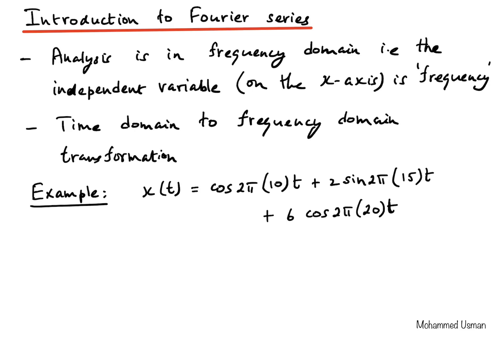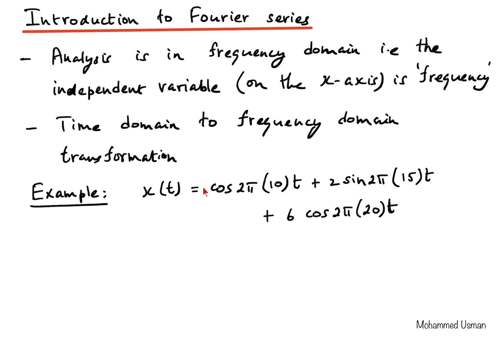For a start, we will be restricting our analysis only to periodic signals, and therefore we'll be talking only about the Fourier series. Later on, we will move into the Fourier transform, where we start discussing non-periodic signals as well.